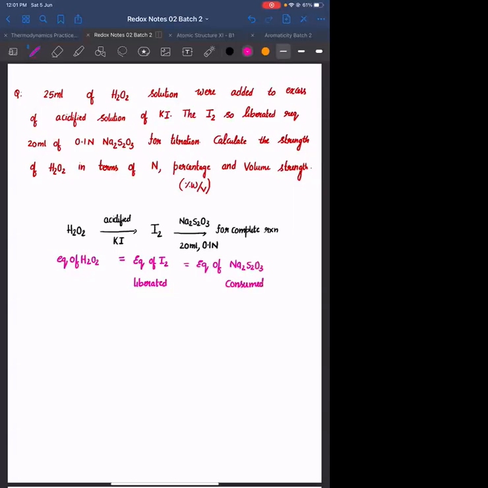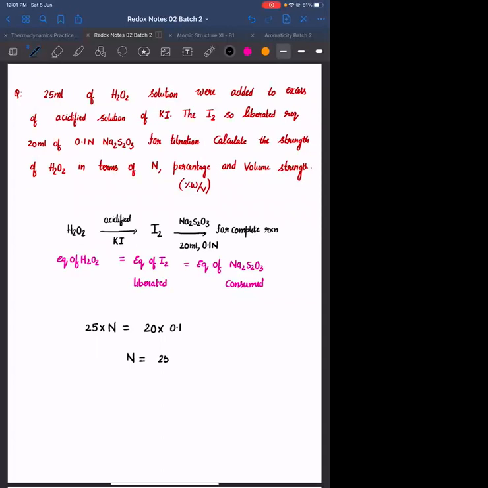Agreed? So as per this logic, what are the equivalents of H2O2? 25 into normality of H2O2 must be equal to 20 into 0.1, normality of Na2S2O3. Agreed?